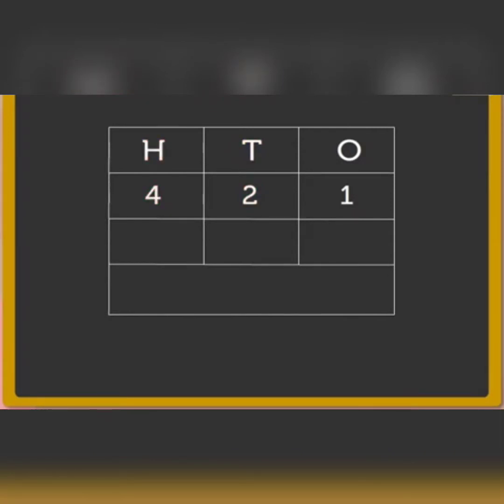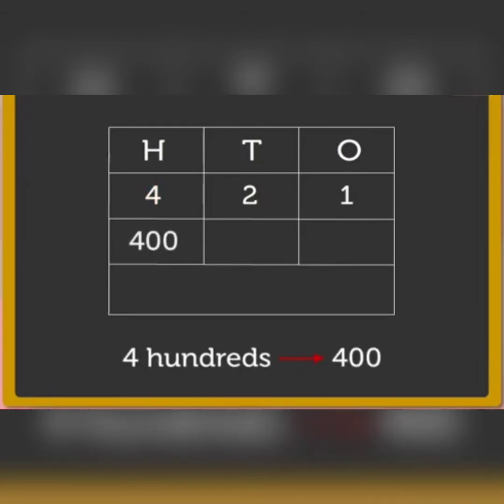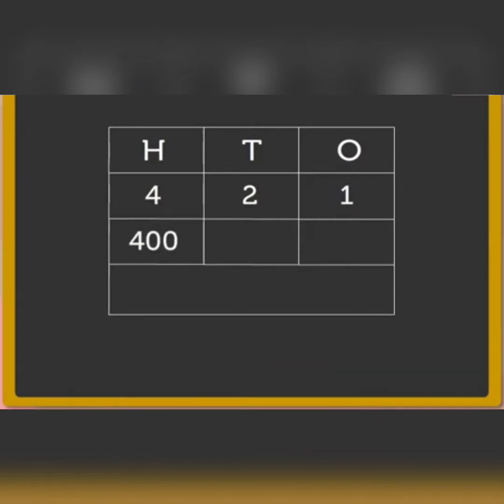Hence, the place value of digit 4 is 4 hundreds, which is equal to 4 into 100, 400. Then, place value of digit 2 is 2 tens, which is equal to 2 into 10 equal to 20.